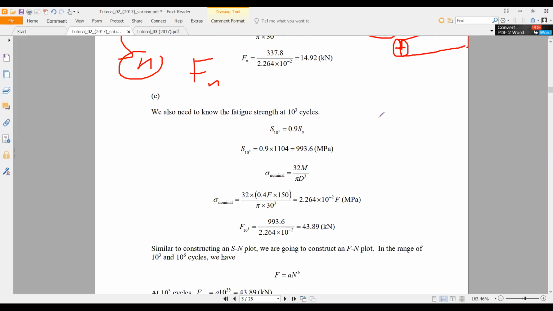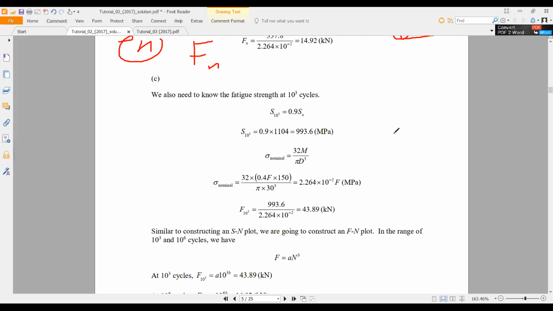Yes, sir. Okay. So then you know the equation S equals a N to the power b. Same thing, it is explained here as well. So you can draw the FN curve as well.